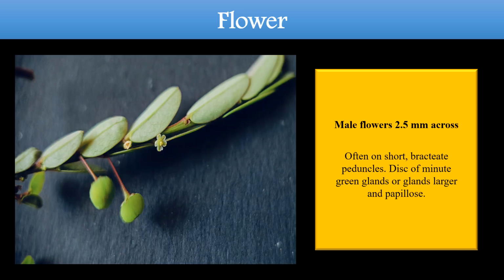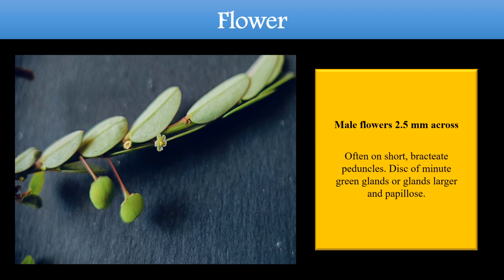Now you can see the flower portion. The flowers are monoecious, 2 to 3 males and 1 female together in the leaf axil. As you can clearly see, they are in the leaf axils and shortly pedicellate.